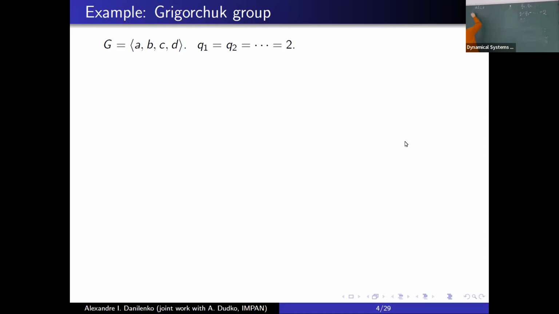So let me first explain how generator a acts. So this is my tree, the left-hand side, the right-hand side. These triangles mean everything that is full. So a is just a flip.